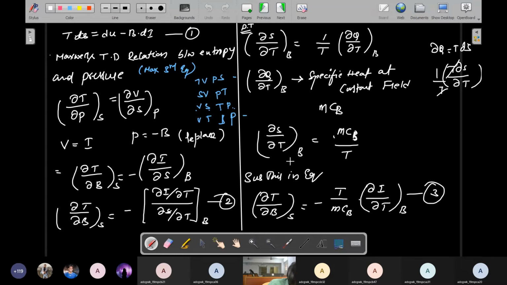Now I want to write the susceptibility definition. By using the susceptibility I will change this equation.